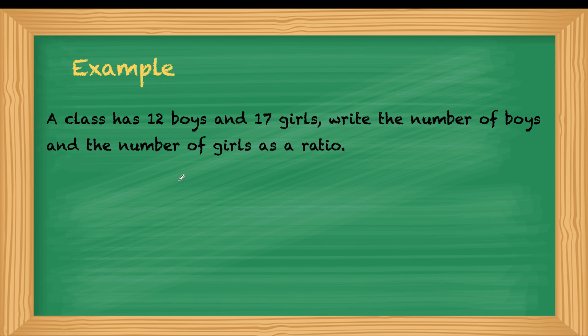So the number of boys would be 12 and the number of girls would be 17. Now, they have no common factor here, so therefore it won't be simplified. So our ratio would be 12 to 17.